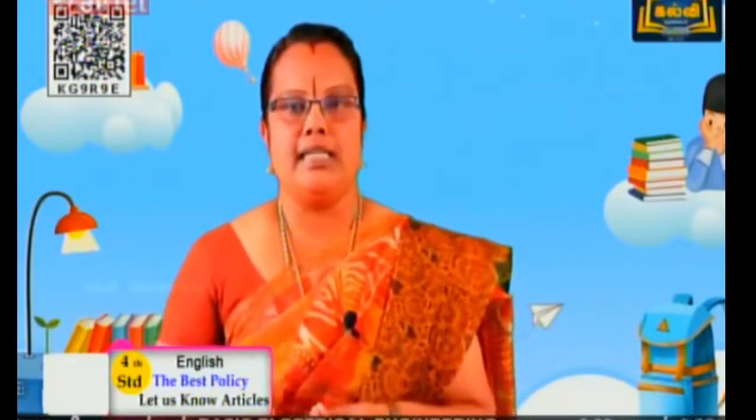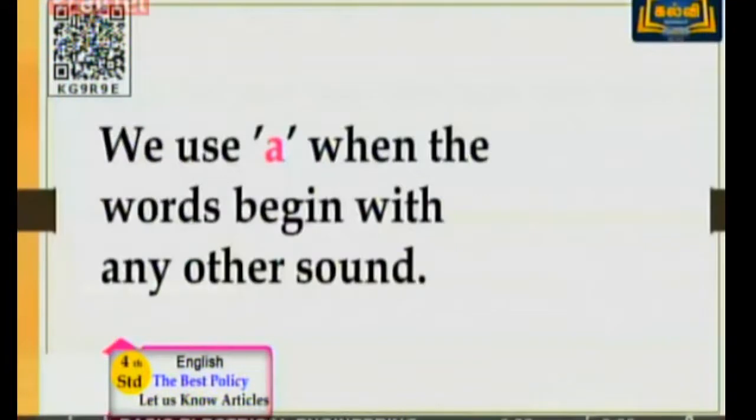Coming to the usage of the article A. In which place or where we should use the article A? See, we use A when the word begins with any other sound except A, E, I, O and U. Is it clear for you?